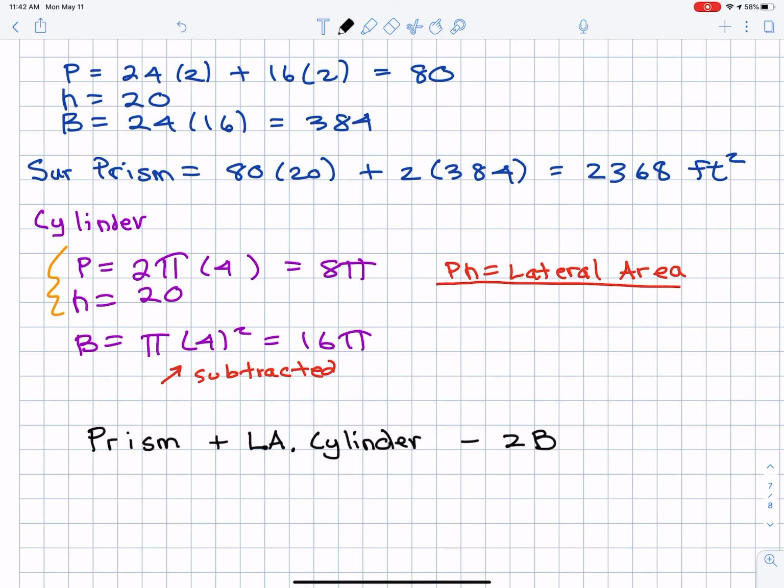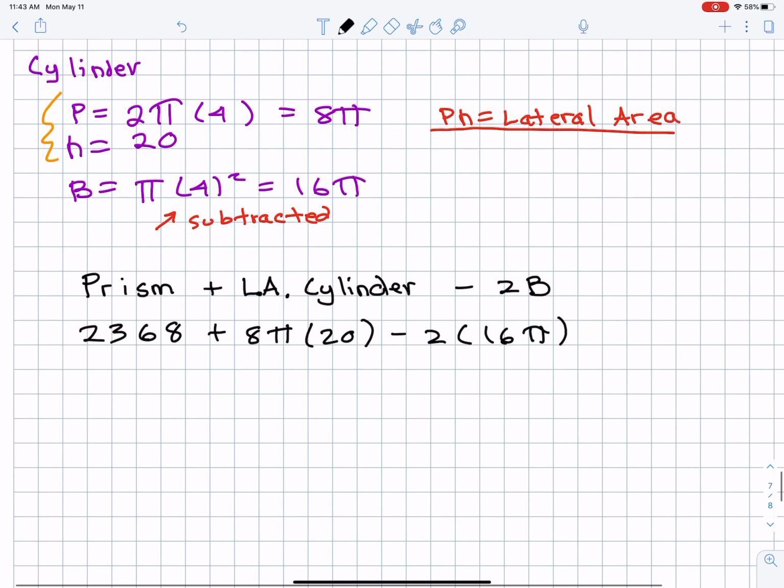Putting that together, the surface area of our prism, we said, was 2,368. Our lateral area of our cylinder, well, that's perimeter times height, so that's 8 pi times 20. And then finally, we have the two bases, so minus 2, and each of those bases is 16 pi.